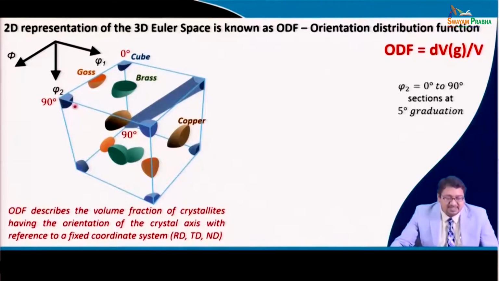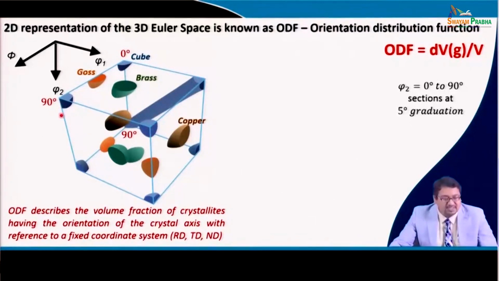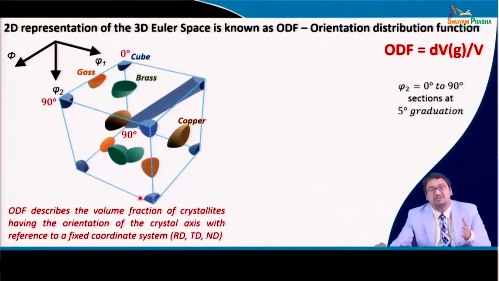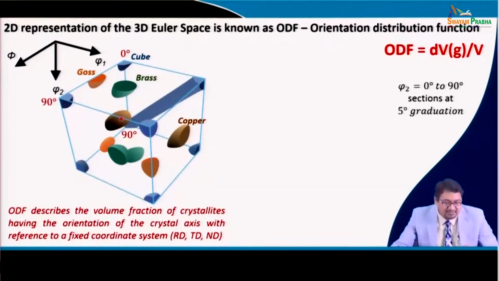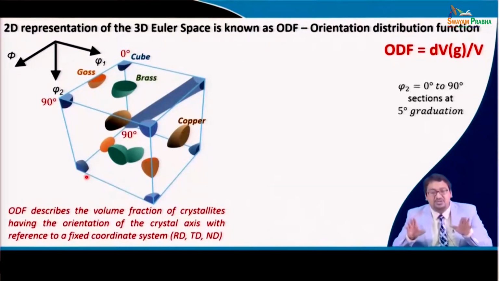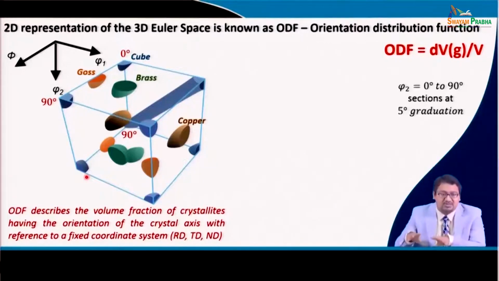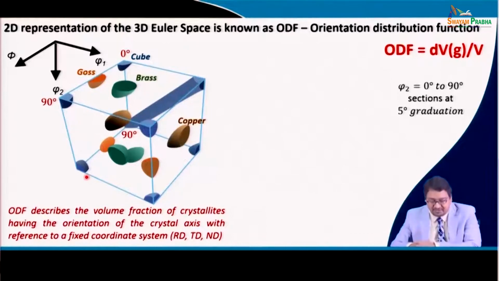So, we slice it, for example, we show this phi 2 equal to 0 section, and then we go below and show the phi 2 equal to 5 degree section, and then 10 degree section, and then 15, like that we go up to the 90 degree section, which gives you a 2D representation of this 3D Euler space in form of an orientation distribution function.